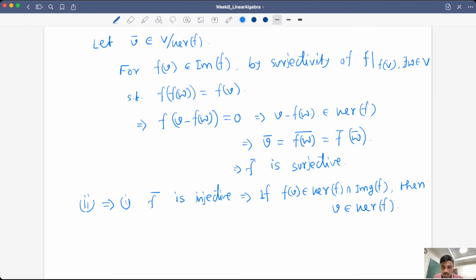So this is saying that f of v equals 0 if and only if v belongs to kernel f.